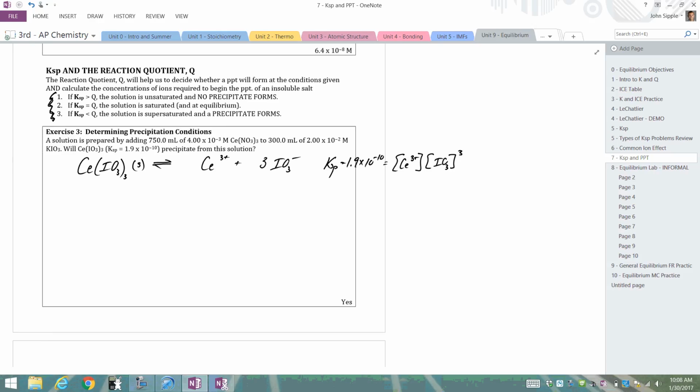So what we need to figure out is the concentrations of ions that we have in solution. Okay? We need to know these.